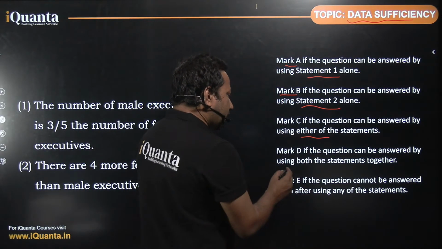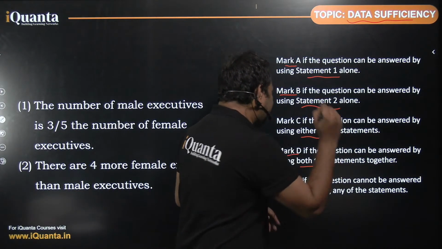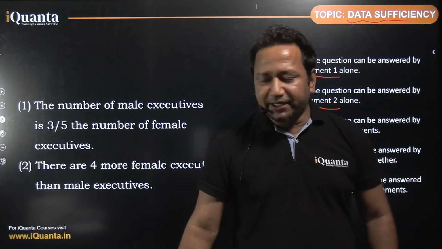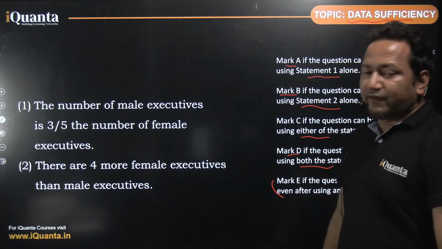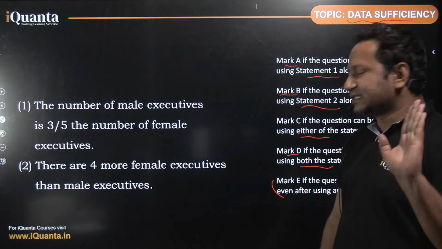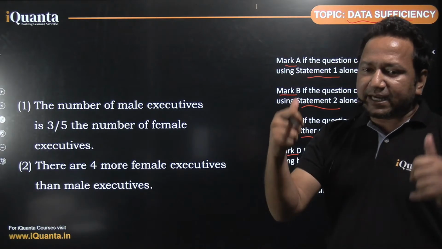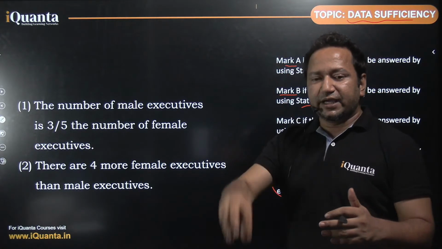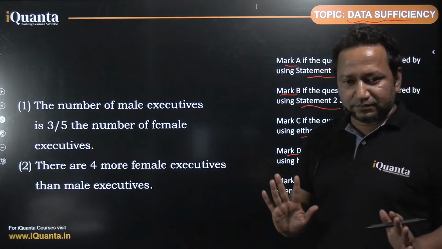Mark D if you can answer only when you use both statements simultaneously, and mark E if you cannot answer the question even using both statements. We don't have to find the answer, just whether we can find the solution or not. Is that clear? Show me a thumbs up.